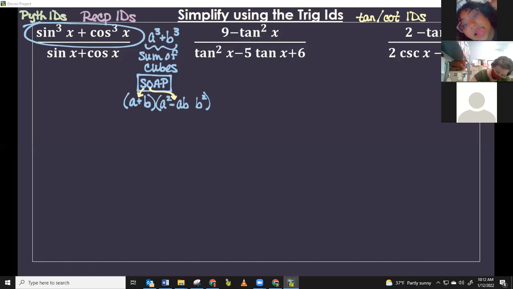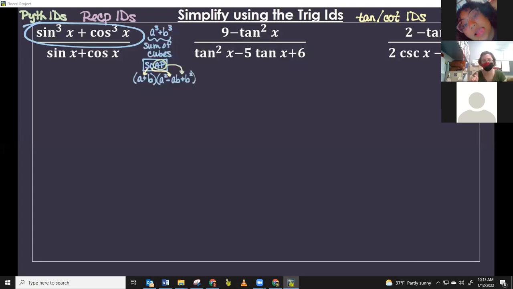And what does the AP stand for? Always positive. There we go. So that is how a sum of cubes factors. Difference of cubes, same thing, except my signs are going to be different for the first and second one. They're going to be flipped.